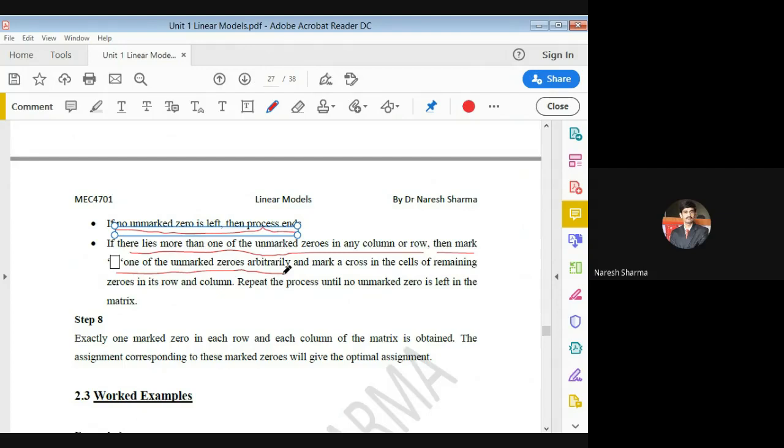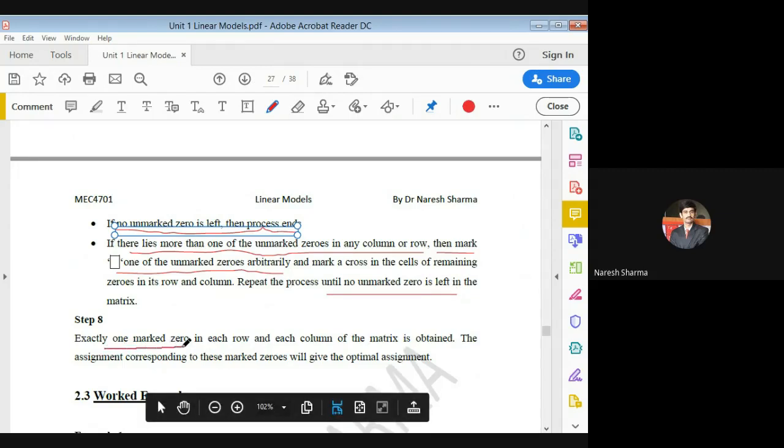So repeat the process until no unmarked zero is left in the matrix. Exactly one marked zero in each row and each column is obtained. The assignment corresponding to these marked zeros will give the optimal assignment.